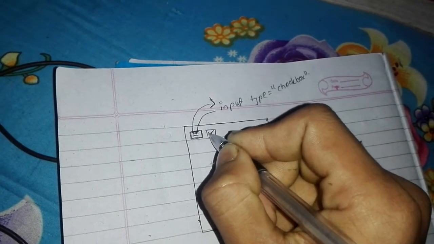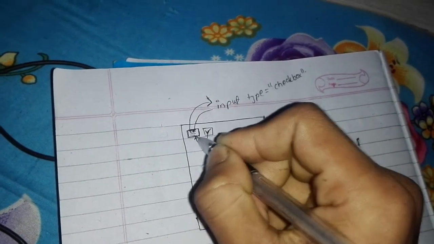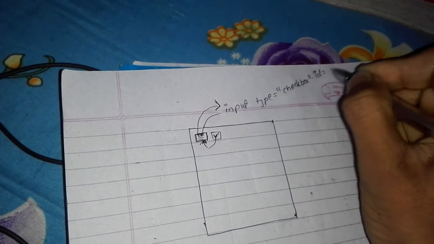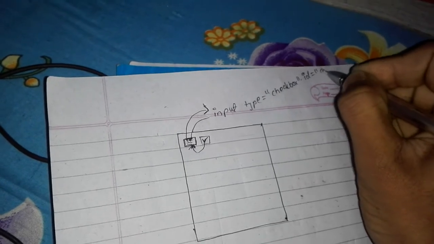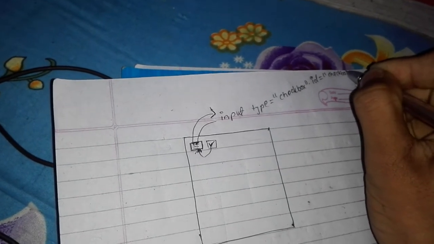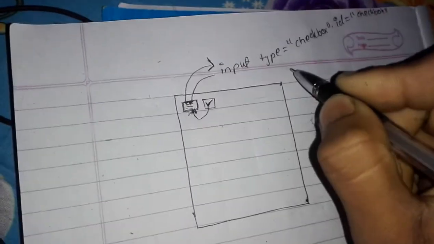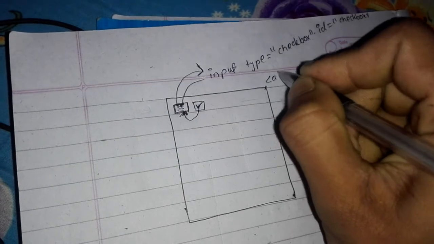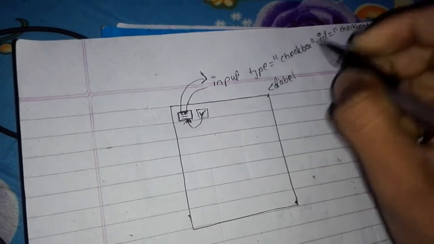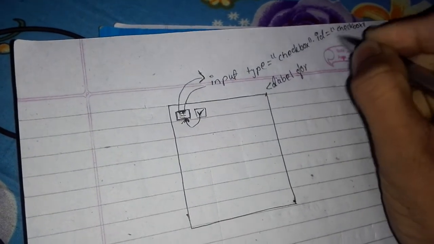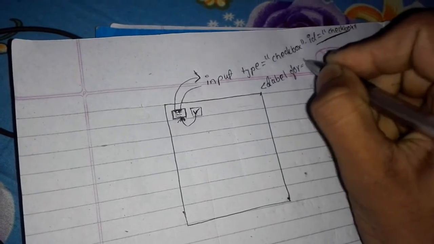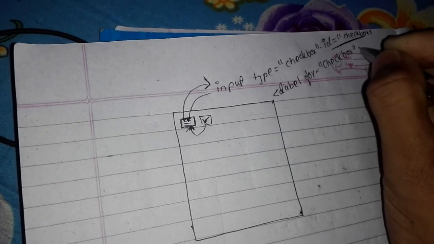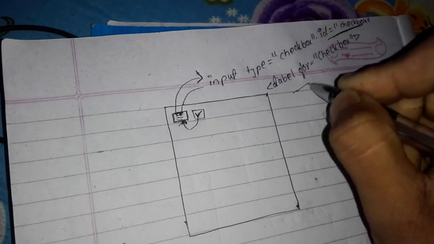Then how will I connect this with this? We have a property: we will give the input id equals to checkbox. If we give the id checkbox, then we can use label, label for checkbox, and here will be our content.